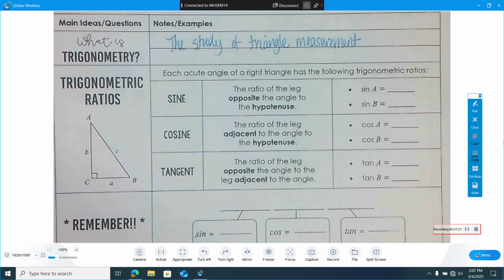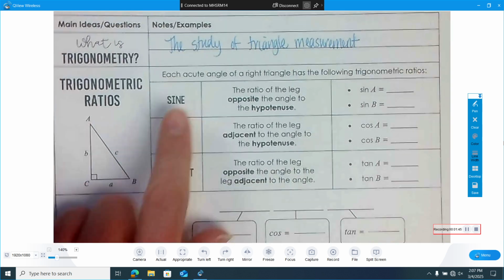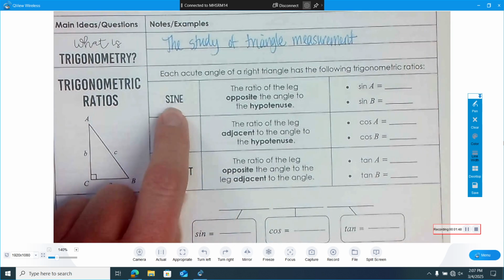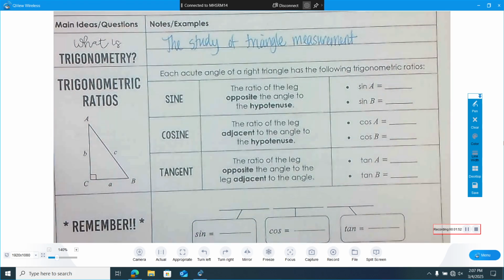All right, here we go. So sine, cosine, and tangent are our basic trig functions that we're using in this class. They're the big three. And most of the time when I'm teaching trig to students, what I hear is, but I just don't understand what sine means. I just don't understand what cosine means. All it is, it's a word that they're using to tell us which sides of the triangle to pick.